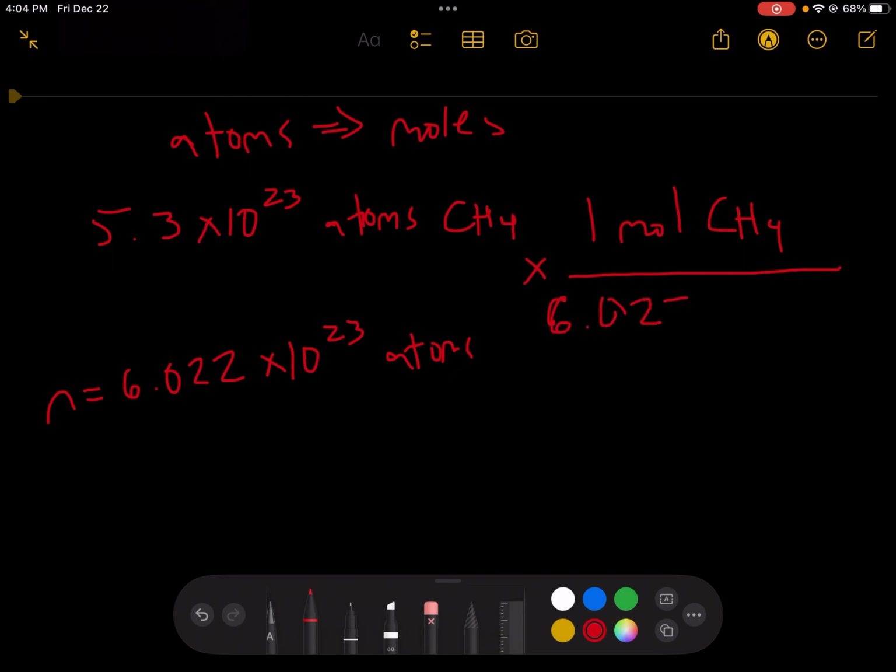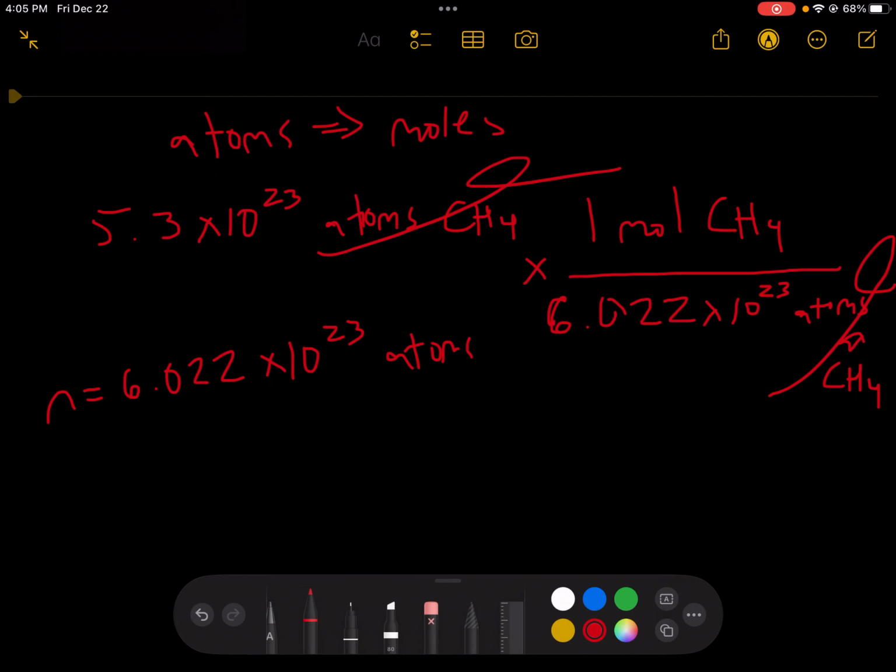So then we set this up where we just stick this in the denominator, atoms of methane, and then it becomes a pretty simple simplification and division problem. So we can cancel out atoms of methane with atoms of methane.